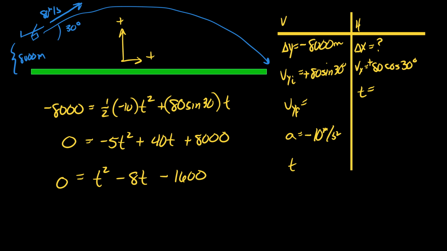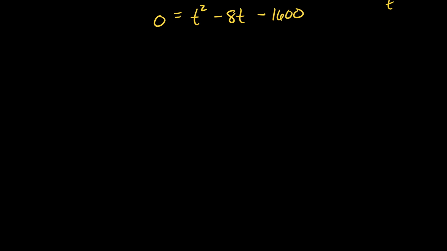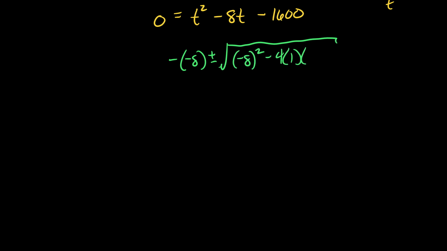Now, there's no shortcut. You just got to find the time. And your choices are graph it or quadratic formula. Quadratic formula is not that tough. So negative b plus or minus the square root of b squared minus 4ac divided by 2a.